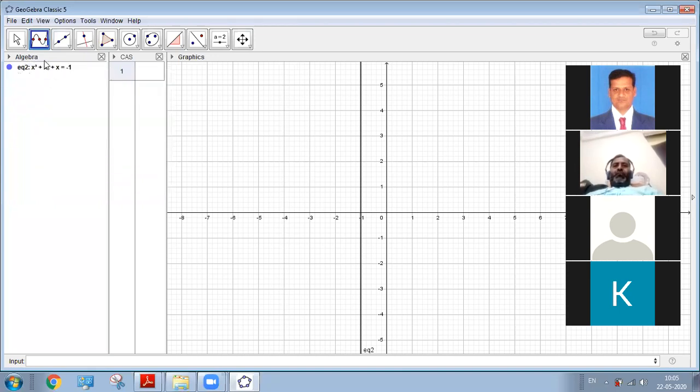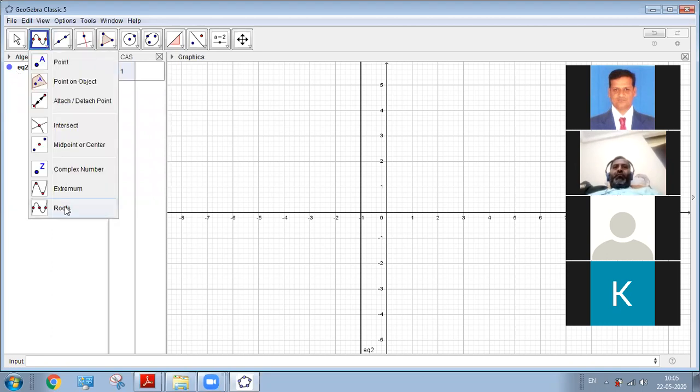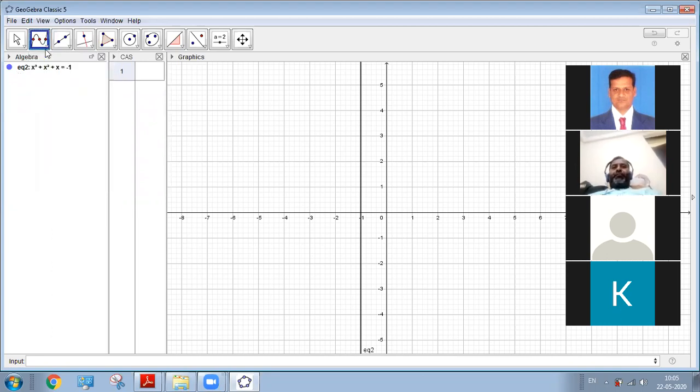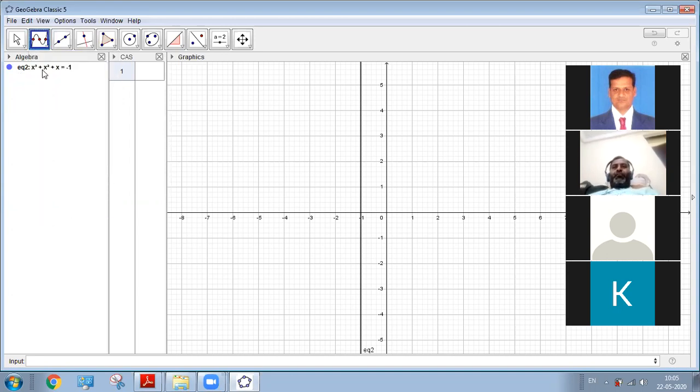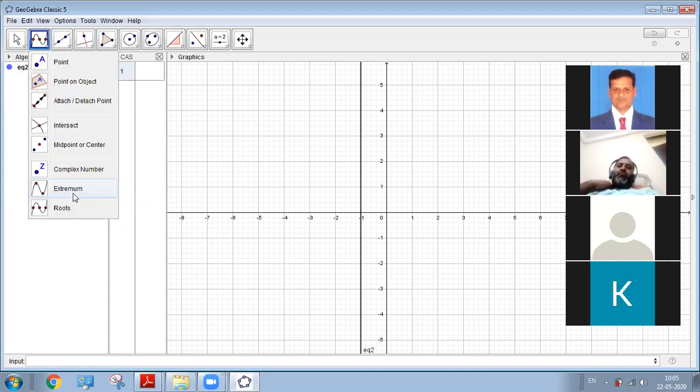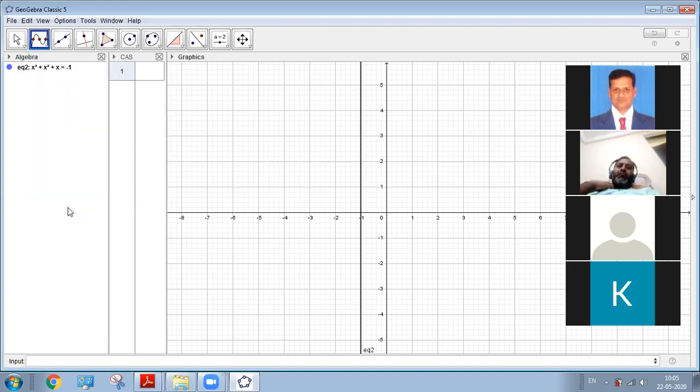So you're going to find the roots of this function. Why it is not showing means it has complex roots. Equations which have only real roots, it will show here.